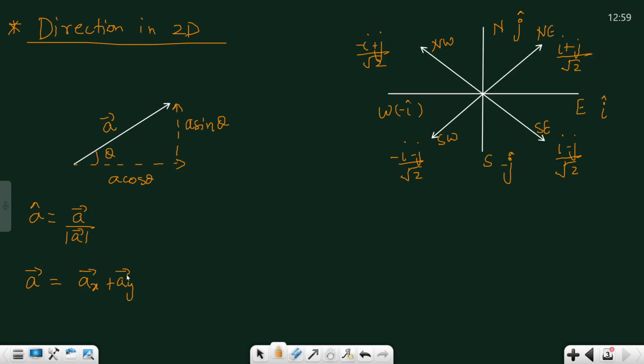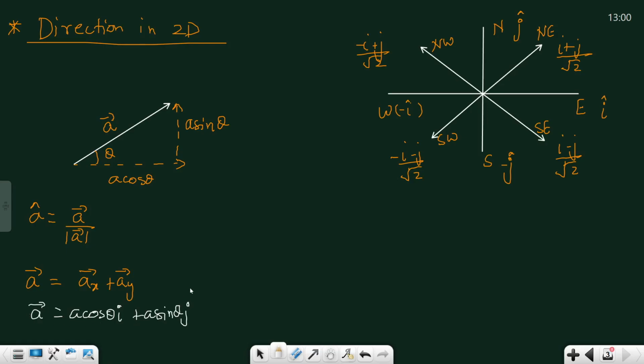A will have two components, one along X and one along Y. So AX will be A cos theta in magnitude and the direction will be i. AY will be A sin theta and the direction will be j. Clear? So this is the A vector.